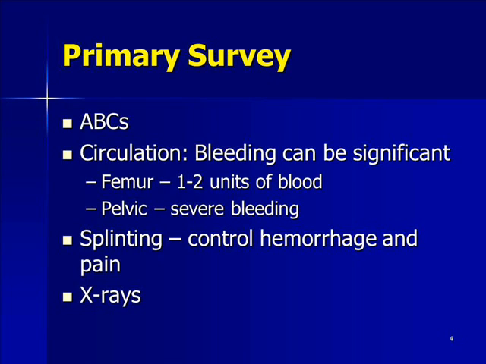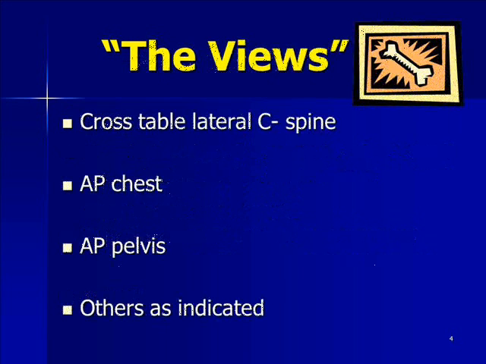For example, a fractured femur can result in the loss of 1 to 2 units of blood, and pelvic fractures result in even more severe blood loss. To control hemorrhage and pain initially, we need to splint, and that is an important first aid measure. And x-rays are the best way of evaluating musculoskeletal injuries, and so we must order them early.